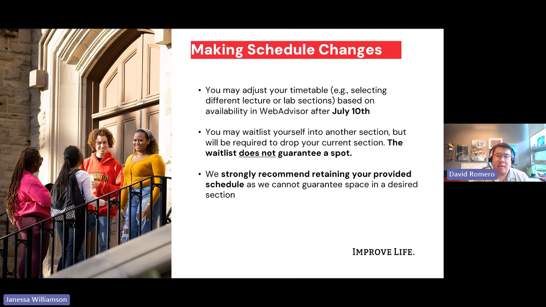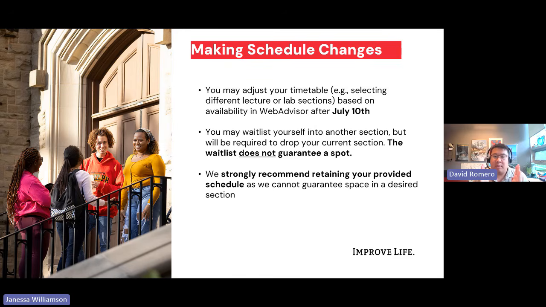So making schedule changes. I think someone had a question about this, but you can adjust your timetable, which is generally by selecting different lecture or different lab sections based on availability in WebAdvisor after July 10th.